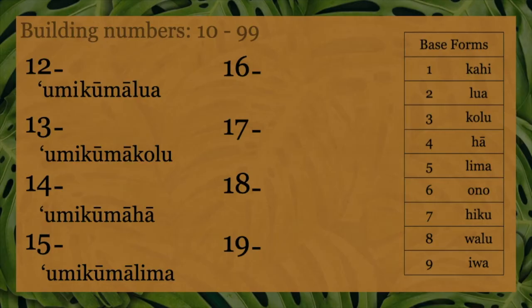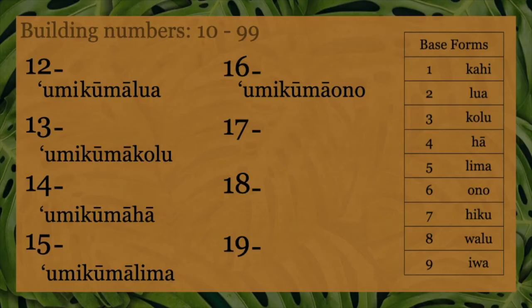16, umi kuma ono. Now remember when we said there's no okina there. So the ma really needs to blend into the ono, creating that diphthong between the a and the o.